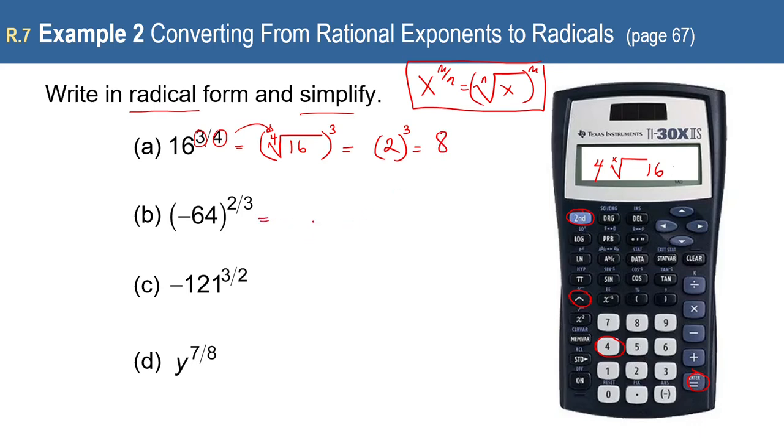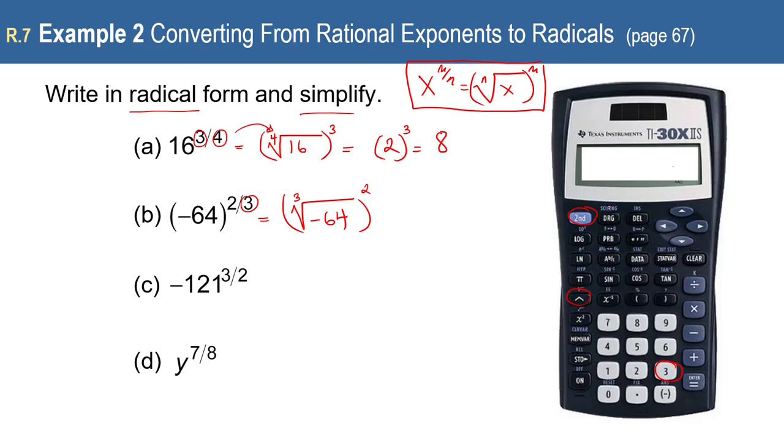For part B, this is equivalent to the cube root, we know the index is 3 because that's in the denominator, of 64, and we're going to raise that to the 2nd power. If I want to find the cube root of 64, the inside of the parentheses, first you want to press 3, then second, then the caret.